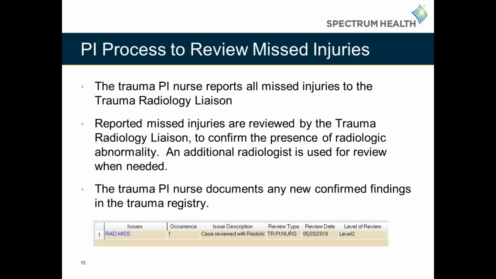And then also that helps us so that if we wanted to, we could say for all of 2017, we want to pull all the RAD-MIS cases, and we want to identify what scans they were, and what were the injuries. Was there a time of year that they were missed more, such as maybe in the summer, and things like that, so we can track and trend different variables.